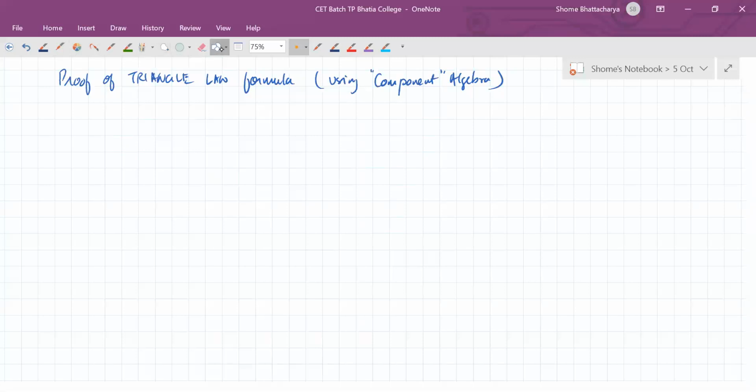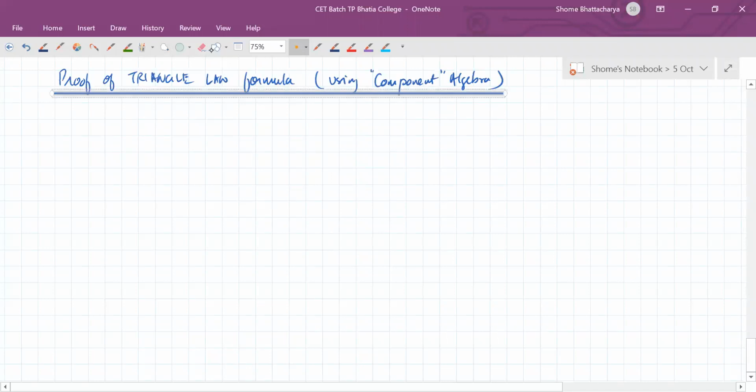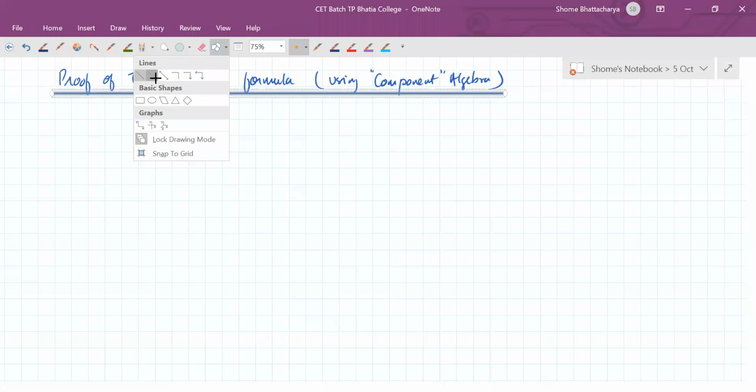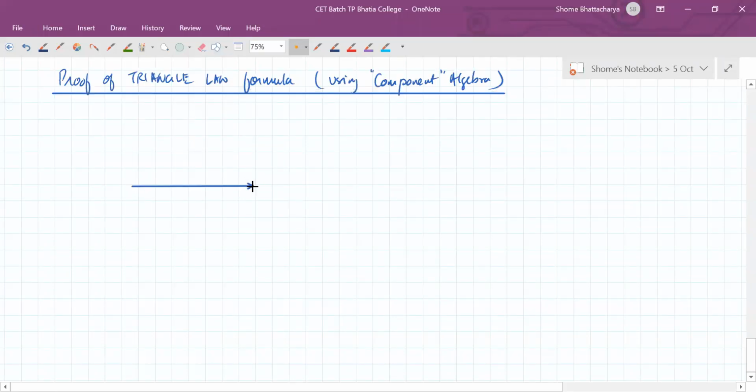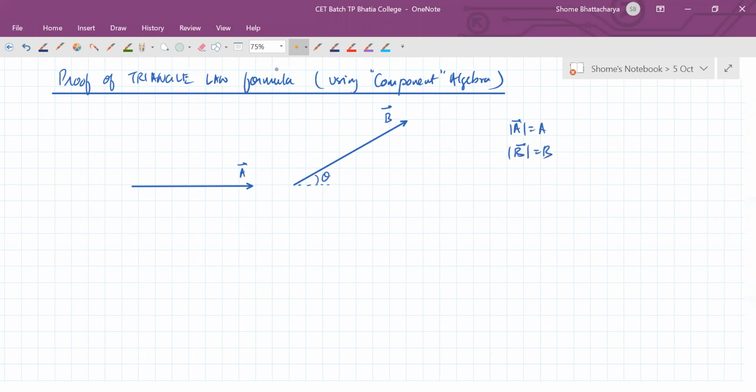So this in itself becomes something very convincing for us. Let's understand. So suppose we had a vector A like this and a vector B like this. This angle is theta and this is B.